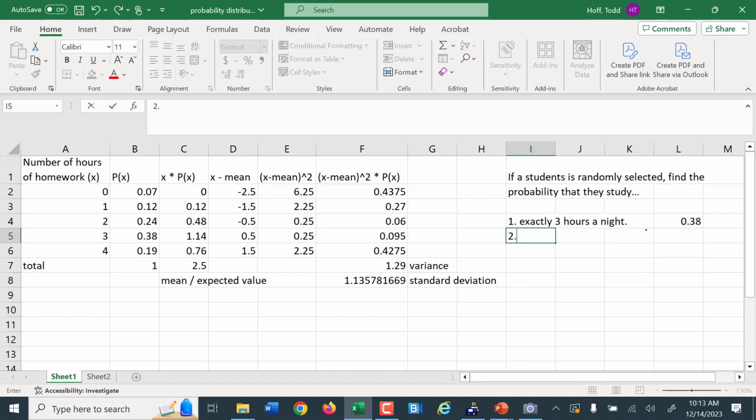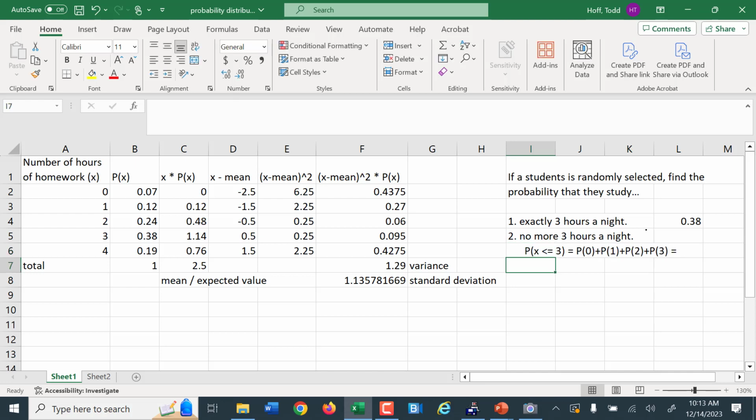What if I say that they study no more than 3 hours a night? So what this is really asking for is the probability that they study 3 or less. So that x is less than or equal to 3. So this is adding up 0, 1, 2, or 3 hours of homework.